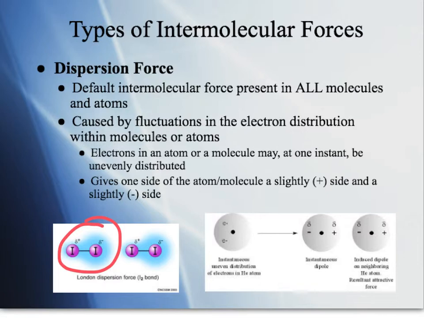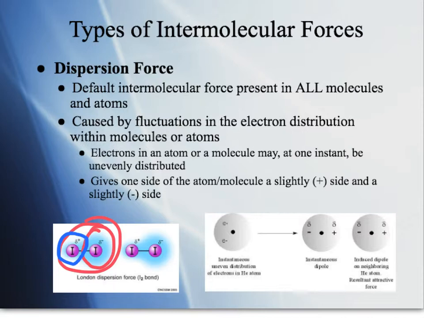We can see on the right side the electron cloud, that blue haze, and there are more electrons in this instant toward the right-hand iodine atom than the left-hand iodine atom. The left-hand iodine atom has hardly any electrons around it. So at this one instant, they are very much unevenly distributed.